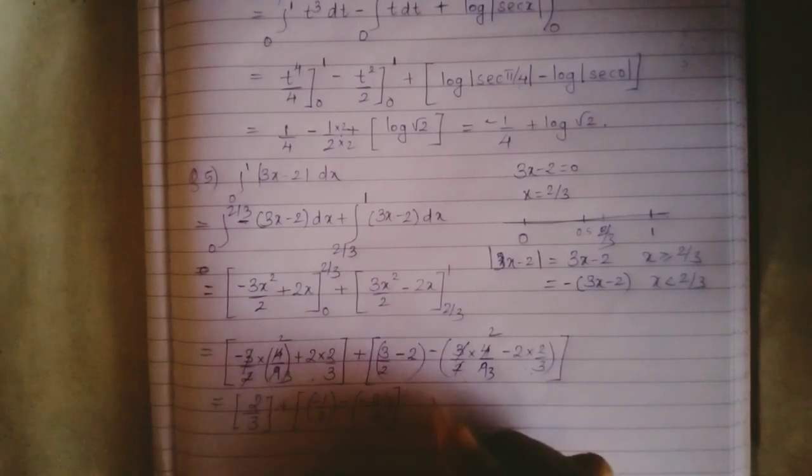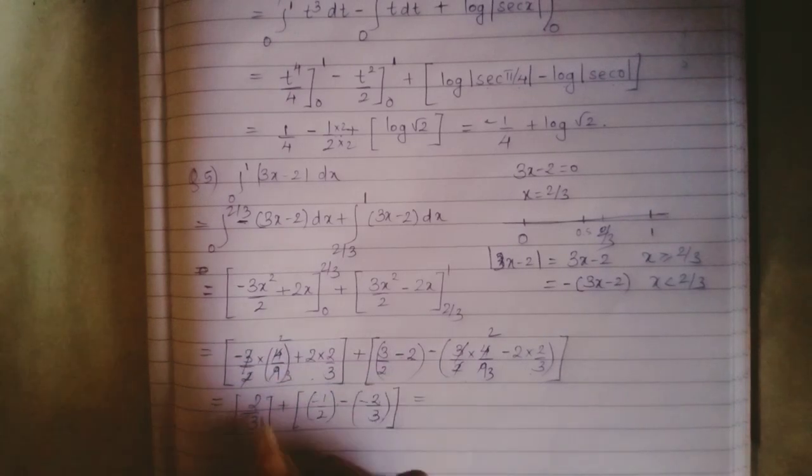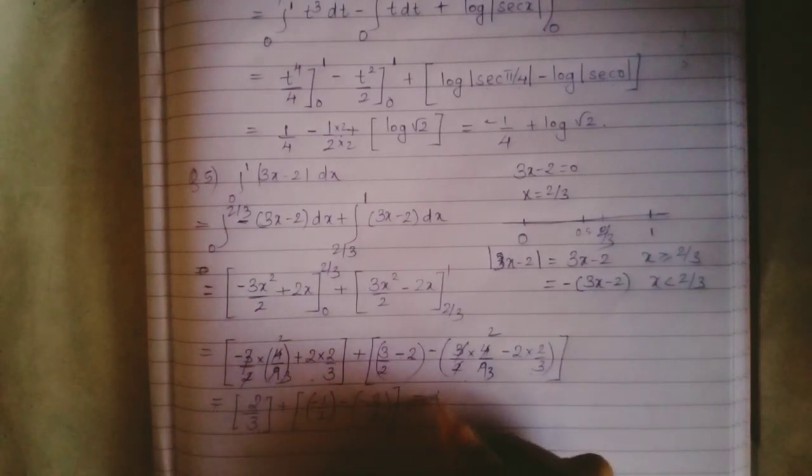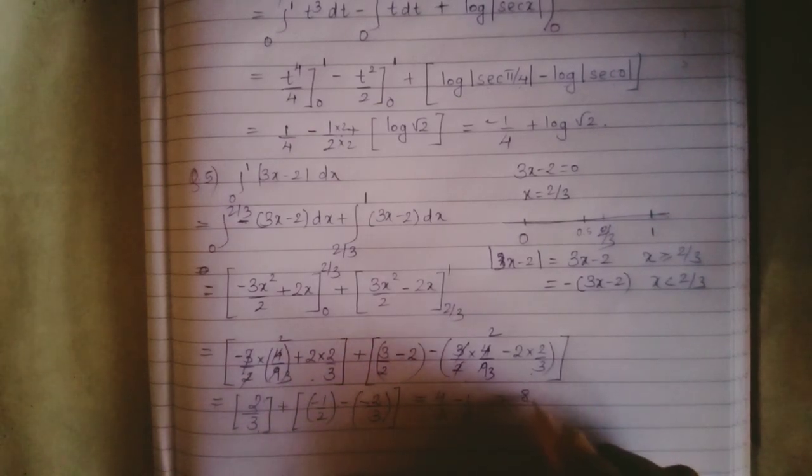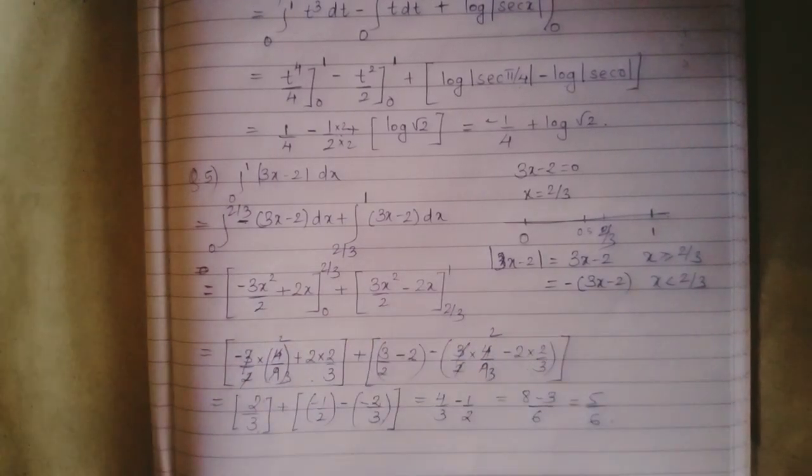Minus into minus is plus, so 2 by 3 plus 2 by 3, 4 by 3, minus half, so (8 minus 3) by 6, 5 by 6.